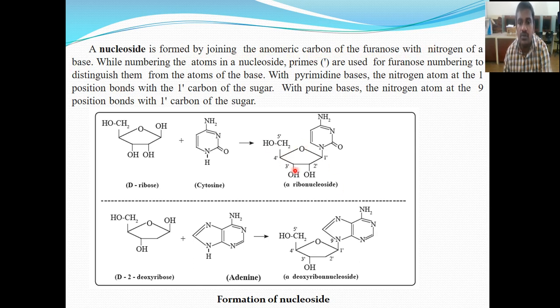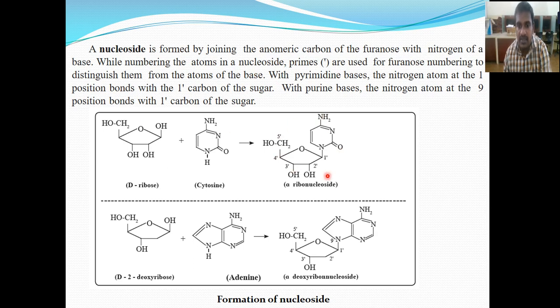While numbering the atoms in nucleosides, we use primes, which are used for the furanose numbering to distinguish them from the atoms of the base.